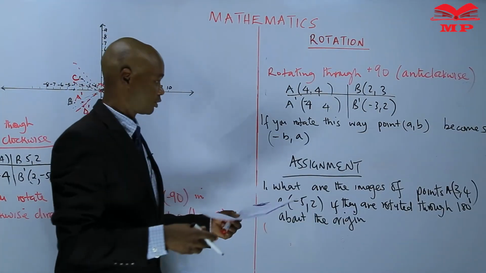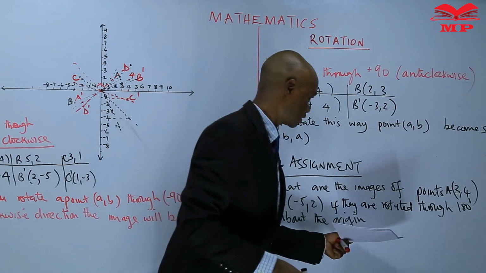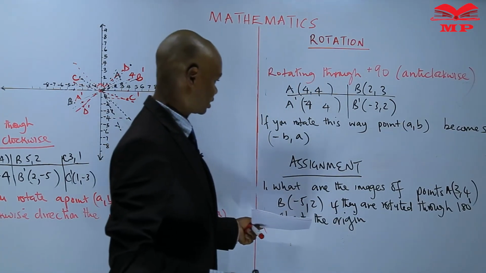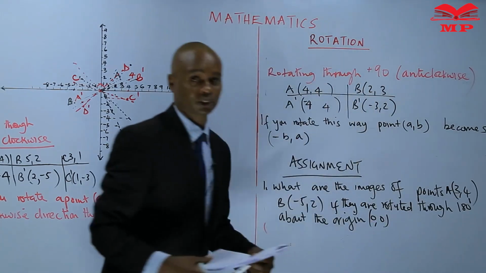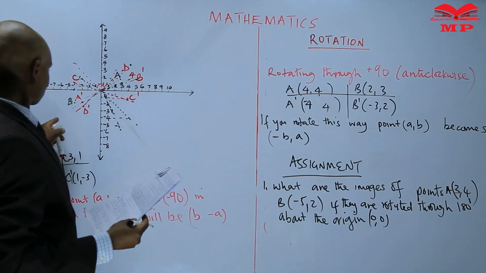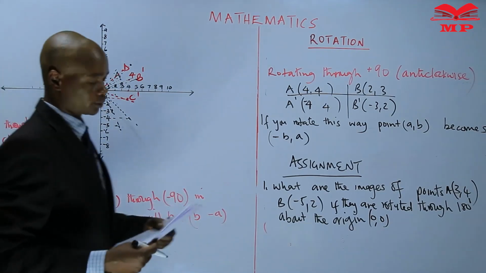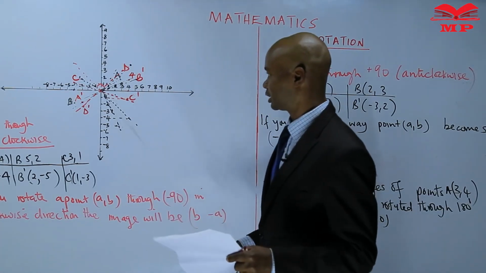What are the images of points A, B, and C if they are rotated through 180 degrees about the origin (0, 0)? As we end the lesson, make sure you understand what happens when you rotate through -90 degrees, which is clockwise.